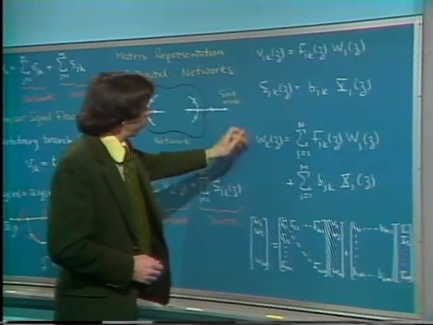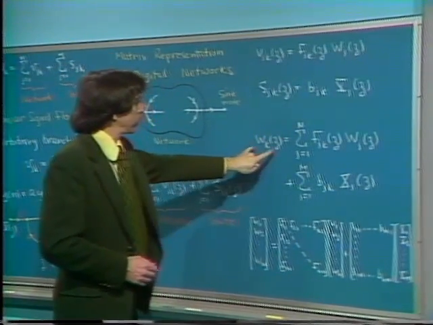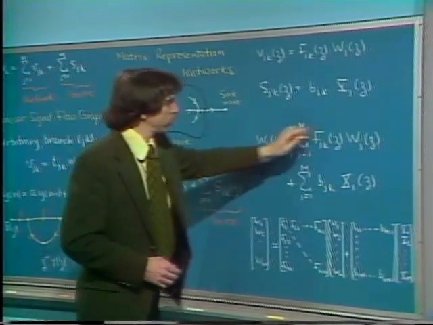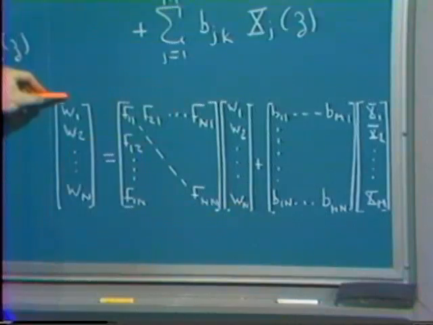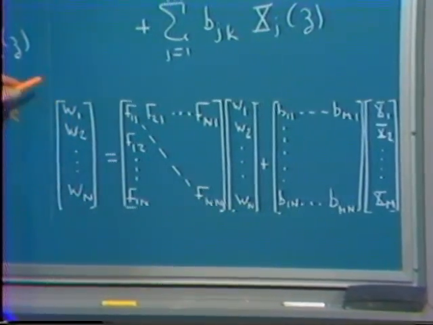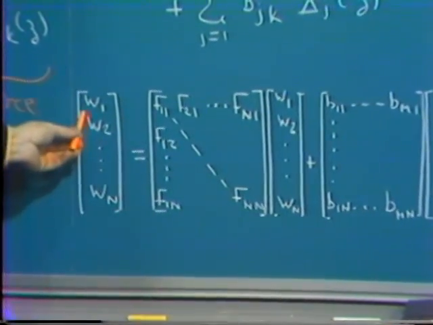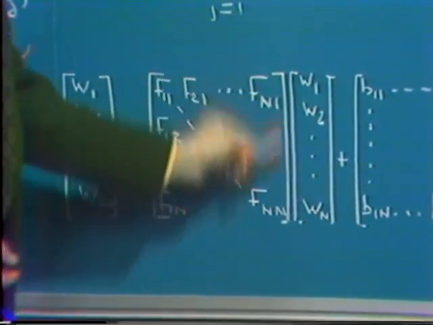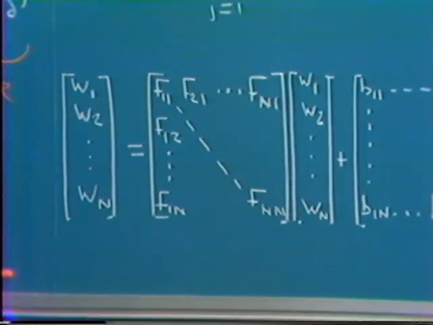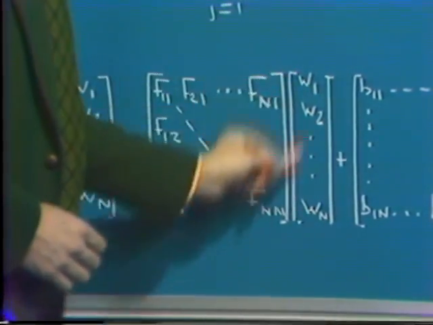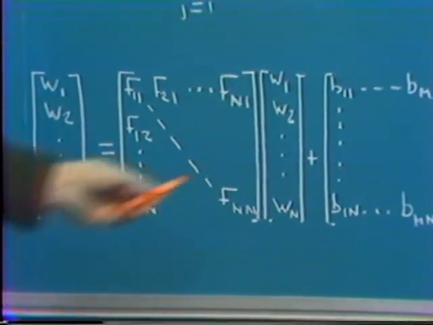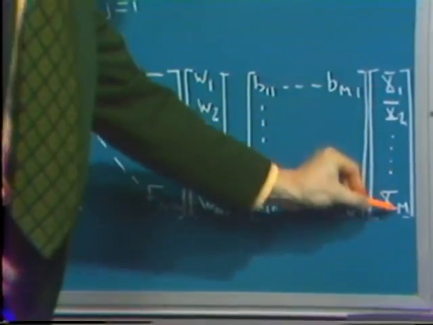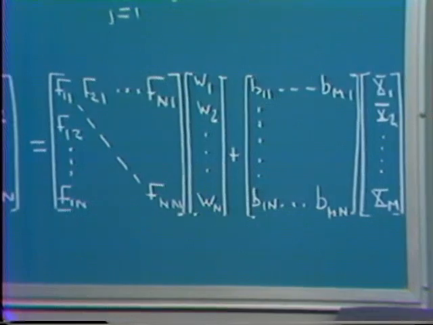If we think of a column vector corresponding to the node variables, then this equation says that the column matrix of node variables is equal to a matrix of coefficients dictated by the branch transmittances multiplied again by the node variables plus a second matrix multiplied by the column of source node values.